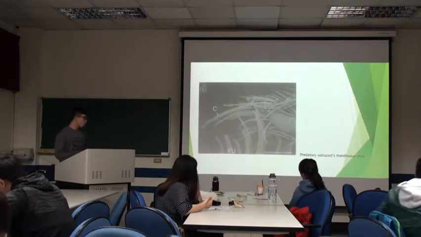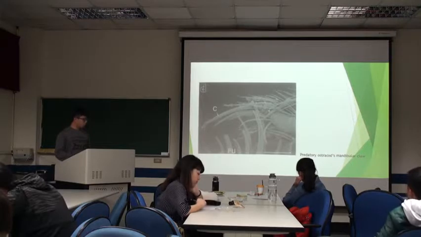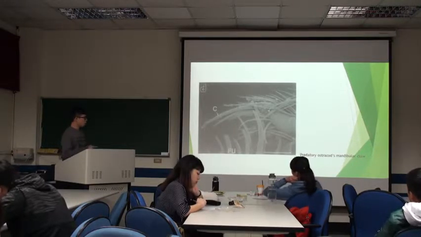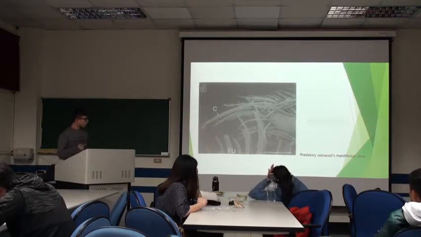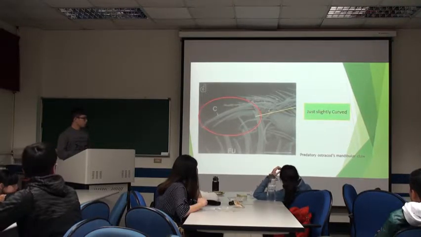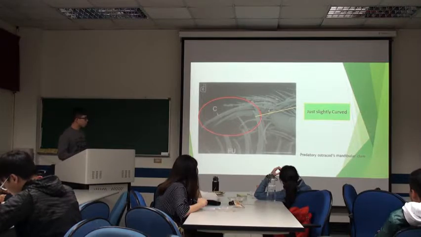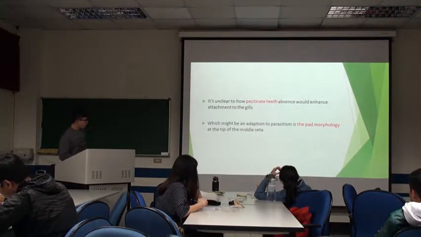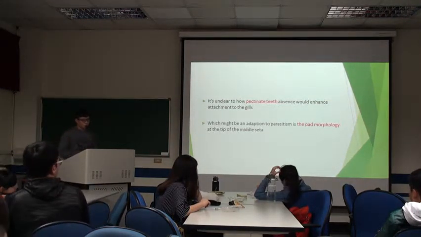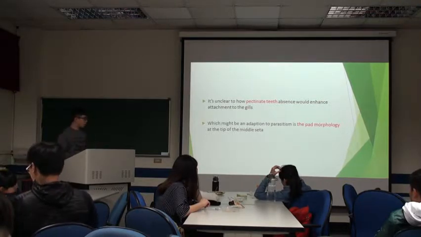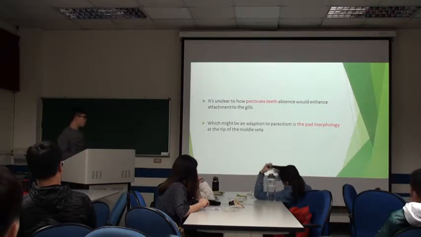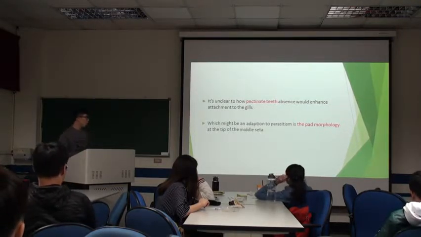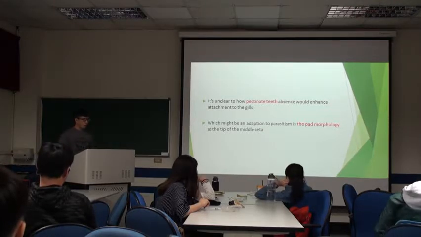Also, predatory ostracods' mandibular claw doesn't have the pad morphology either, and it's just slightly curved. So it is unclear how pectinate teeth absence would enhance the attachment to the gills, and what might be an adaptation to parasitism is the pad morphology at the tip of the middle seta.